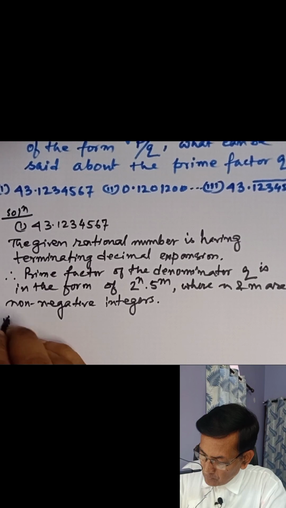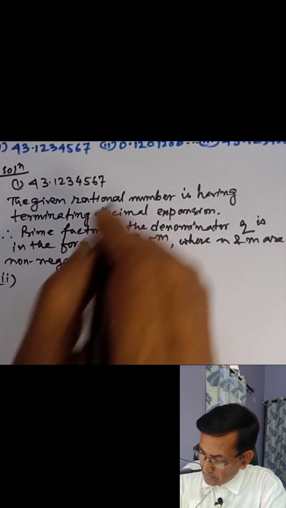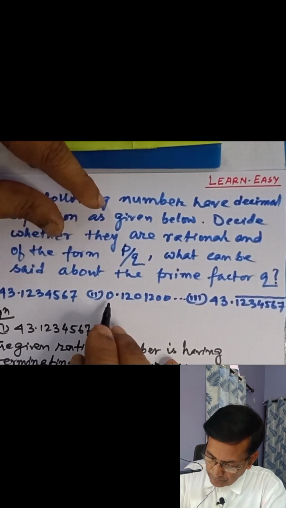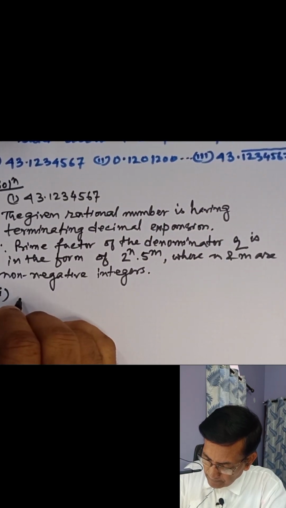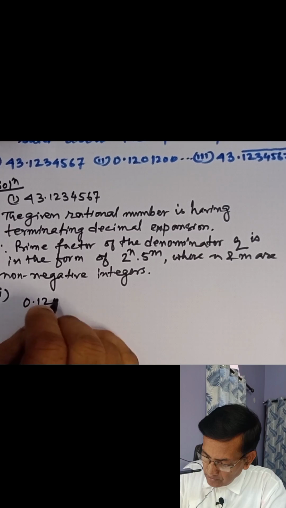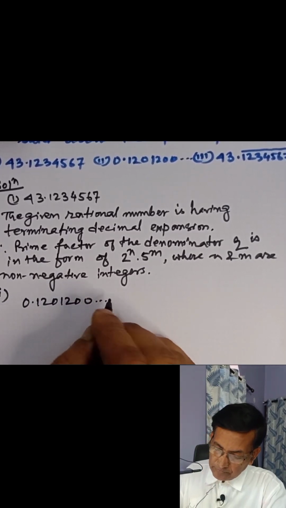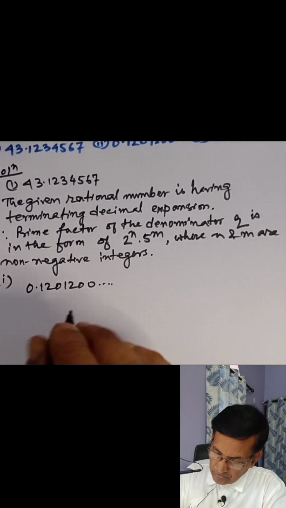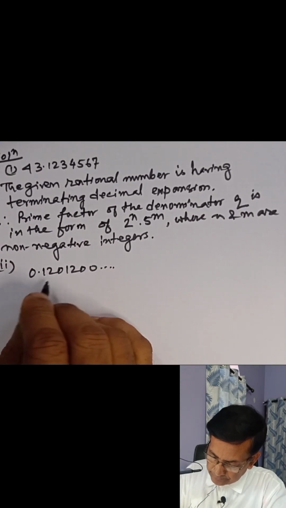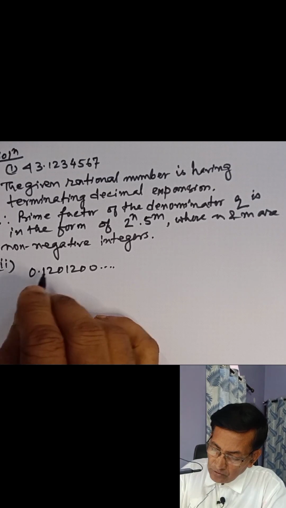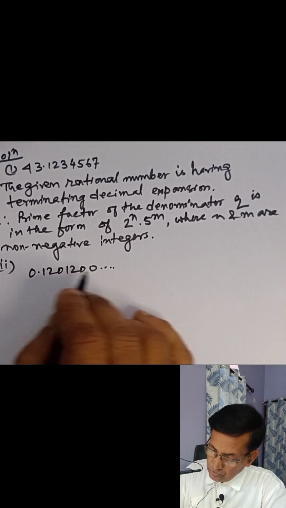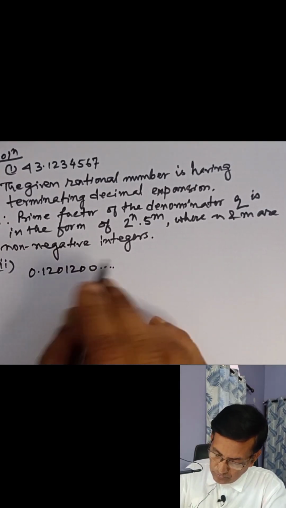Now the second sum is 0.120120012000120000. Here if we examine, the decimal expansion is non-terminating and also non-repeating.